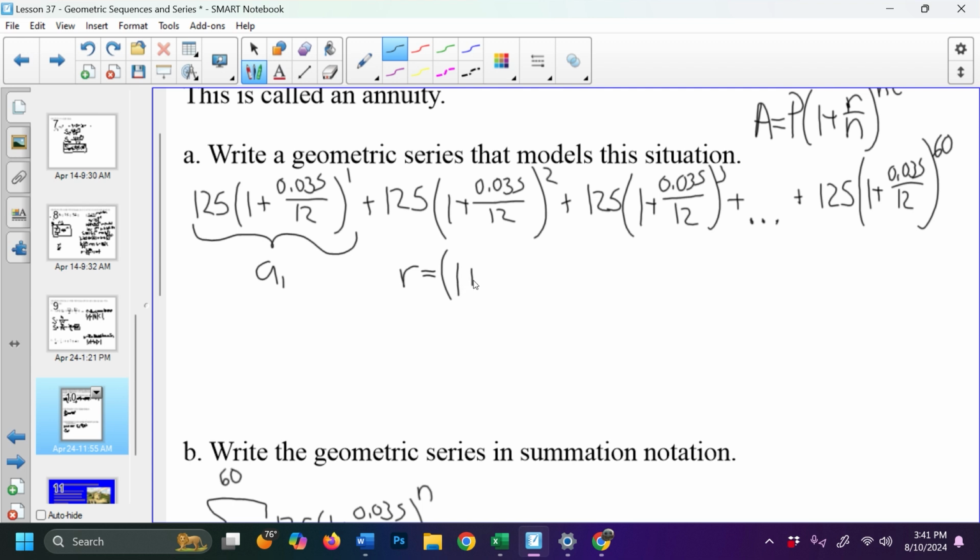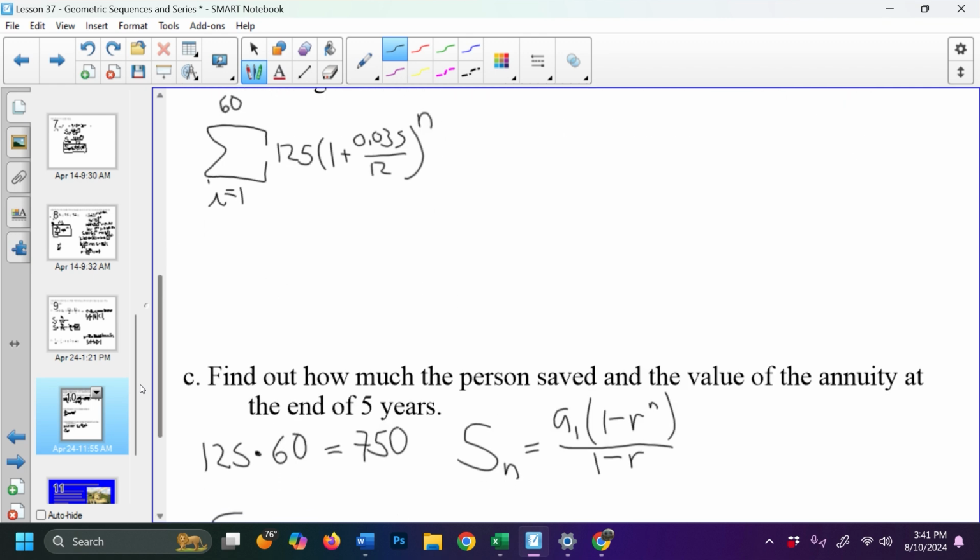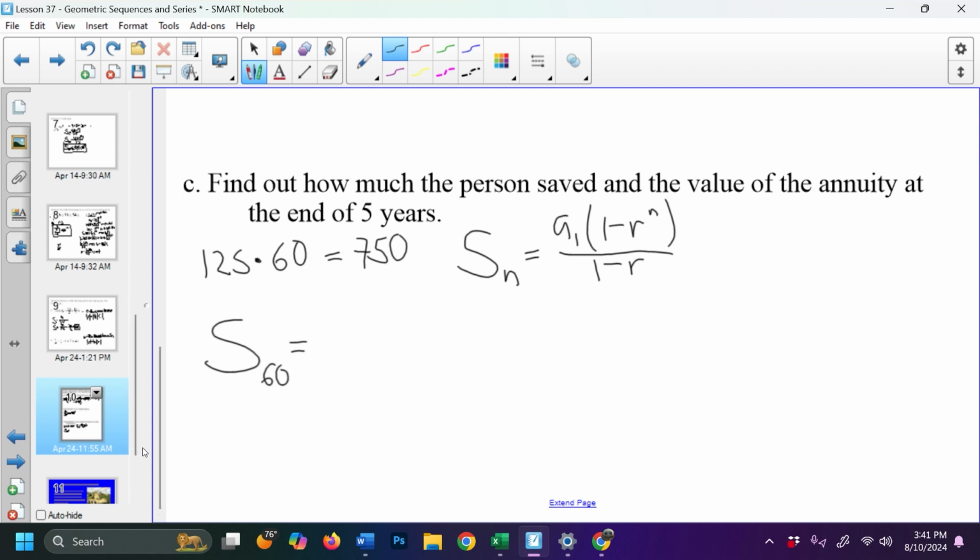It is just the 1 plus 0.035 all over 12. This gets kind of mucky, but since I have Desmos, I can use Desmos to make it a little bit easier to type this in. Because what I really need is 125 times 1 plus 0.035 all over 12.